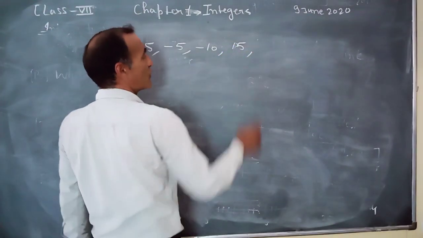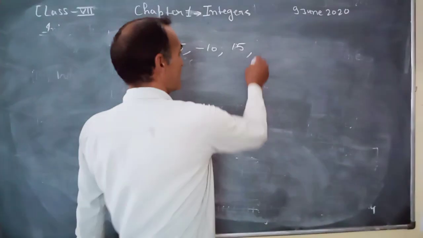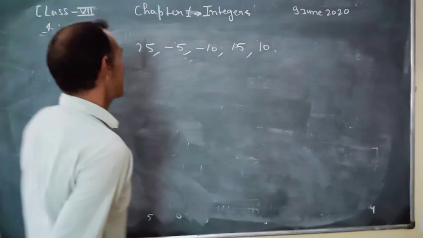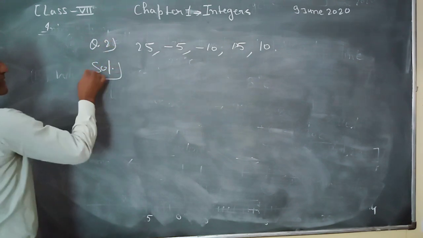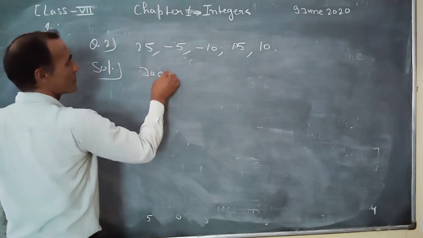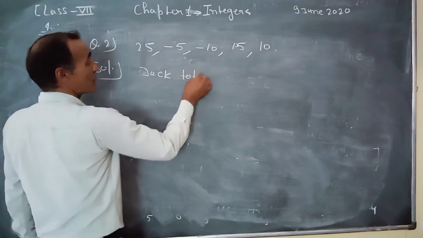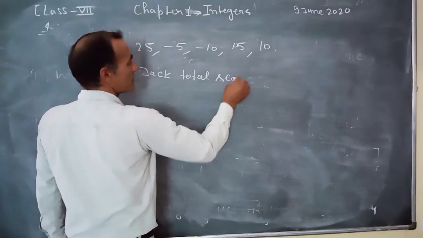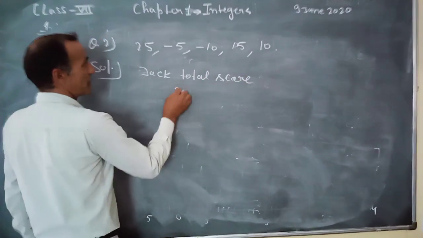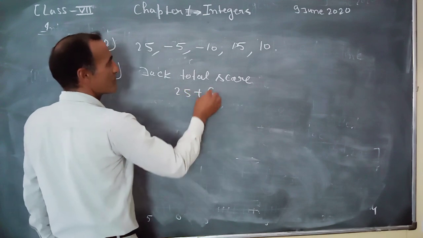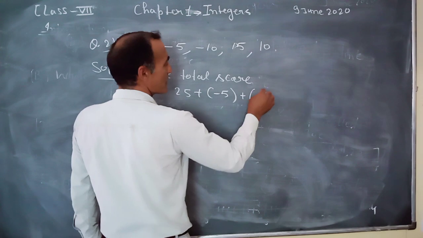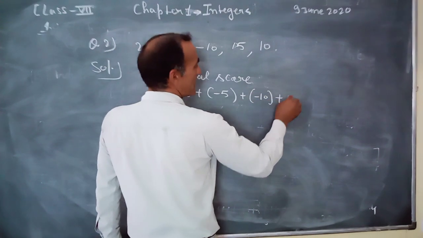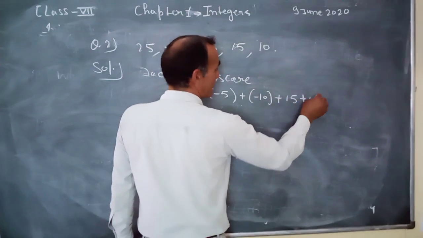In the fifth round his score is 10. So what is the total score of Jack? Jack's total score is 25 plus -5 plus -10 plus 15 plus 10.